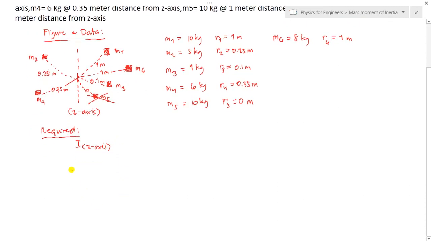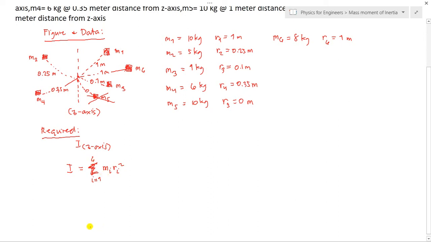Again, using the elementary definition, the formula for the mass moment of inertia of the system is just the summation of the product of mass times the square of the radius, with i from 1 until 6.